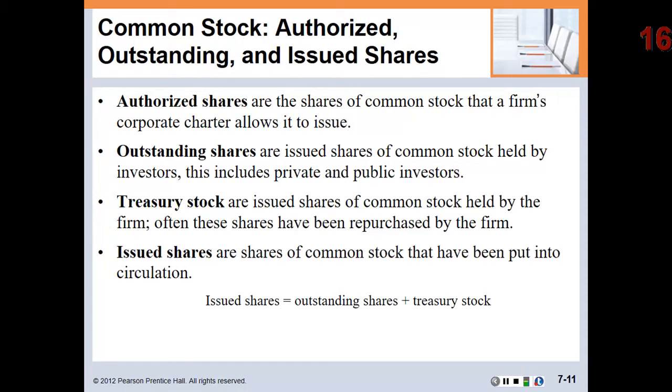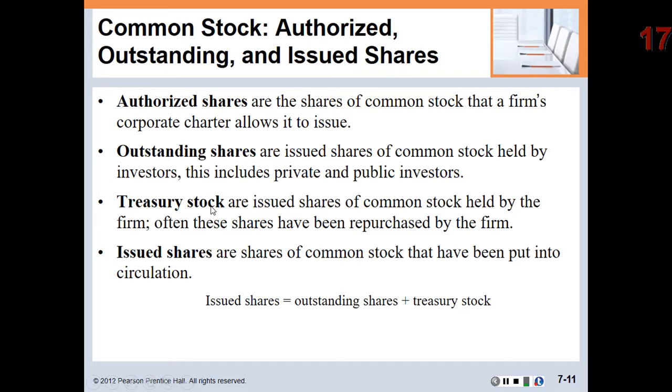We just saw that with Citibank, which had 30 million shares, something like that. I don't remember how many, but it just changed hands today. So that's a lot of shares of stock outstanding. Authorized is how many they can issue. Outstanding is how many they have issued.